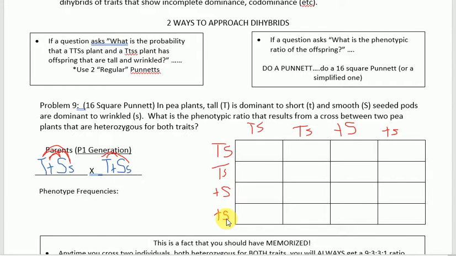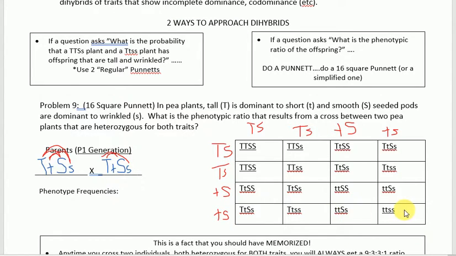Okay, so go through and do those crosses and pause just a moment to do that. Okay, so I've typed in here what you should have gotten. After you get that, what you have to do is figure out the phenotypic frequencies.